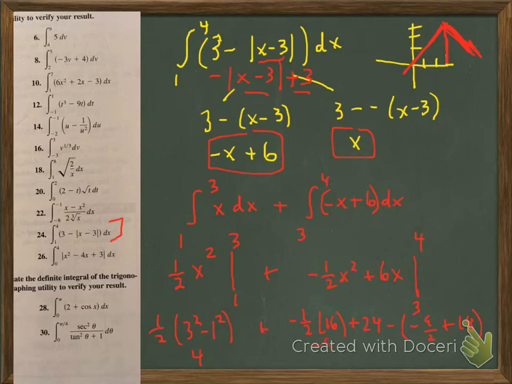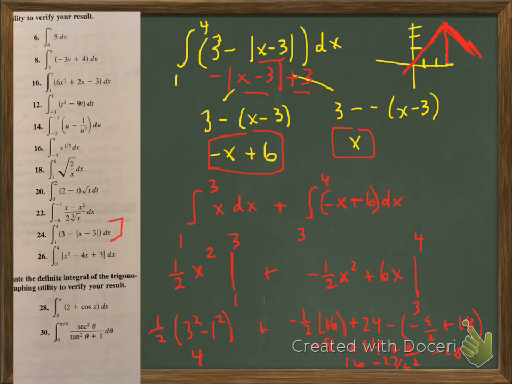So that's negative 8 plus 24 plus 9/2 minus 18. And then you can combine and add. That's 16, and that's negative 36 halves. Negative 36 halves plus 9 halves is negative 27 halves.